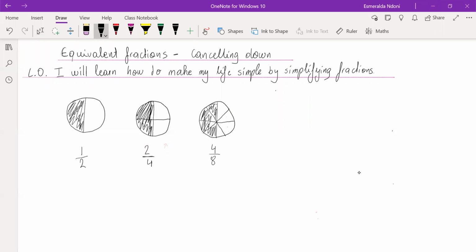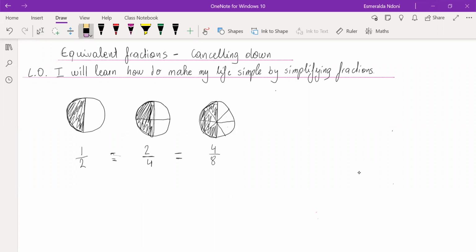It's horrendous. But as you can see from them, I have shaded half here. I've also shaded half there, and also shaded half there. So I can see from the diagrams that a half is equal to 2 quarters, also equal to 4/8.